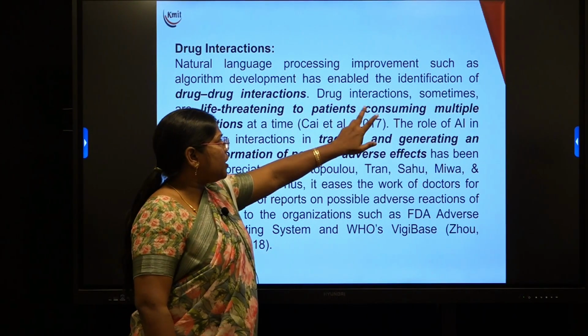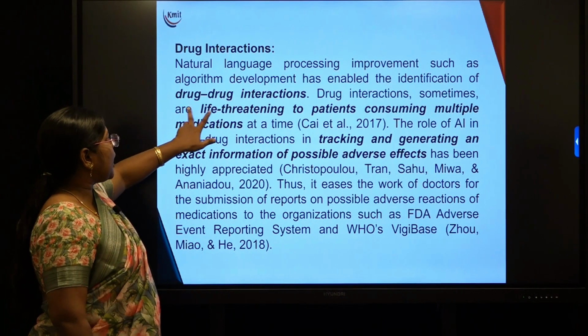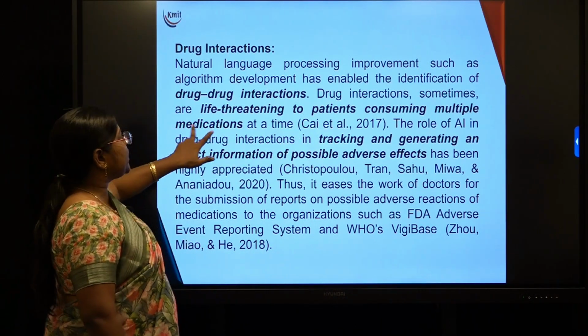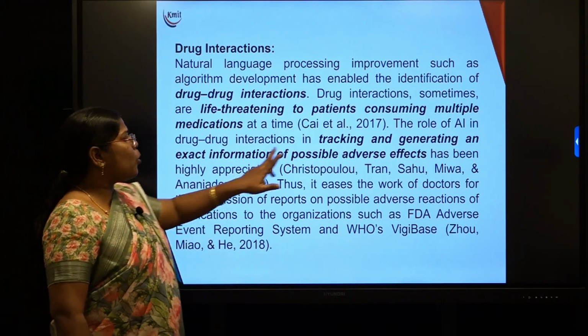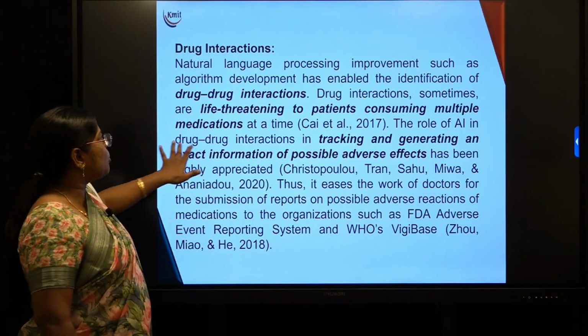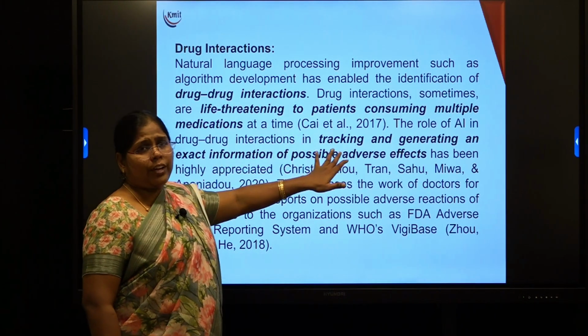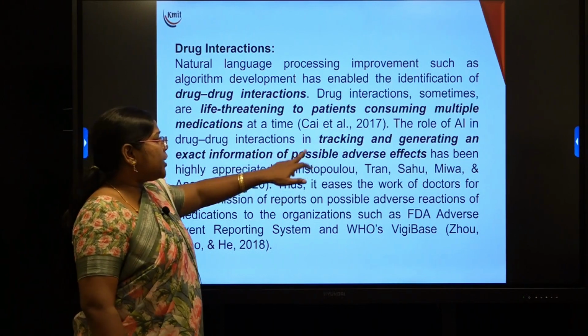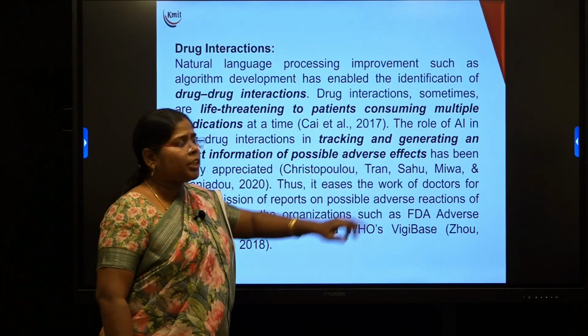Drug to drug interactions are life threatening to patients consuming multiple medications at a time. So the role of AI in drug to drug interaction is to track and generate exact information on possible adverse effects.